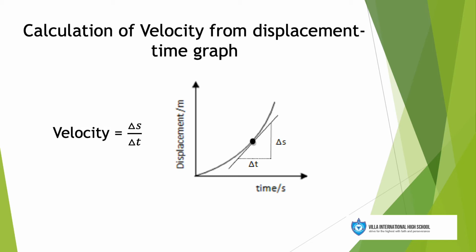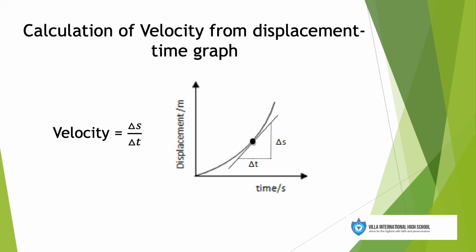So here, how can we find delta s and delta t? If it is a straight line graph, just plot two coordinates, make a triangle and find delta s and delta t as shown in the figure. And if it is a curved line, the question will clearly say what the velocity is at a particular point, which means they will ask for instantaneous velocity.